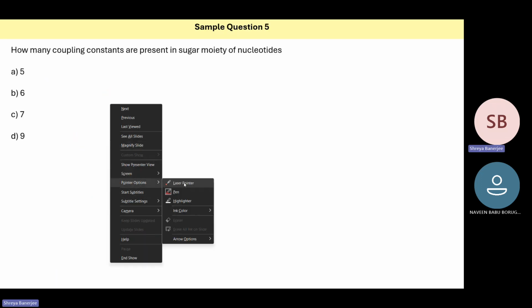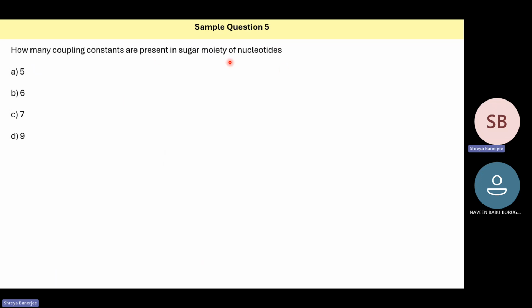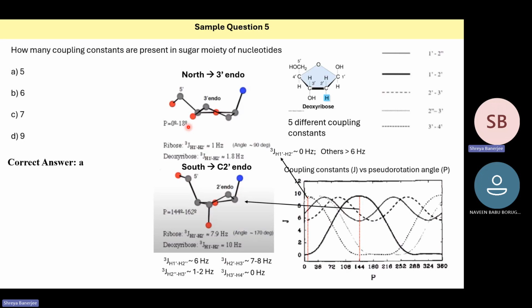Now, this is a question asking how many coupling constants are present in sugar moiety of nucleotides. If you remember the previous class, here we have a sugar molecule being shown. In DNA, what are the couplings that can happen? You can have 1' to 2' coupling.